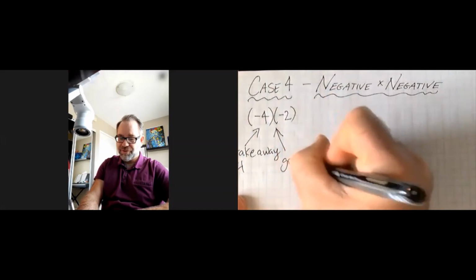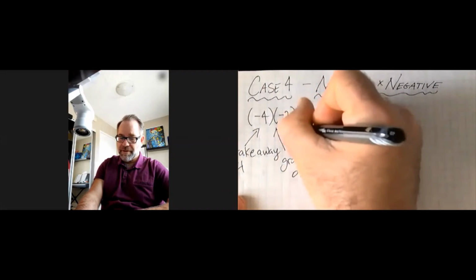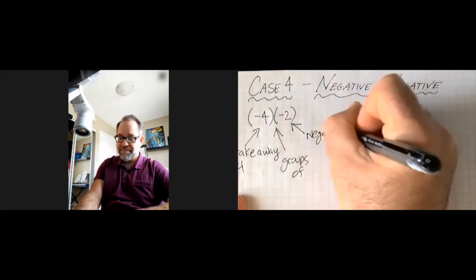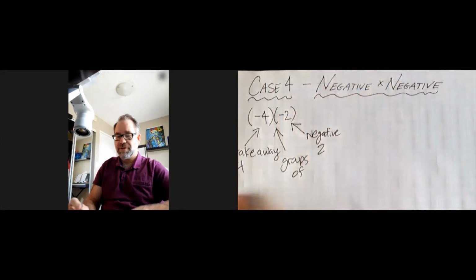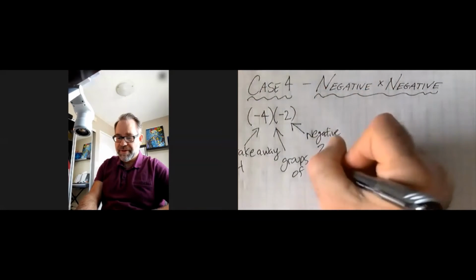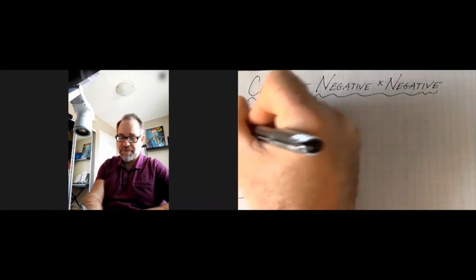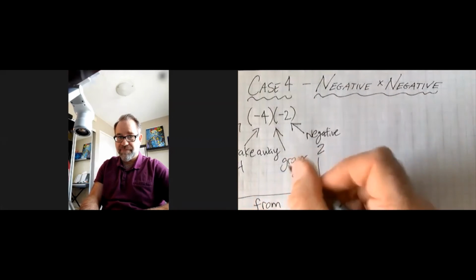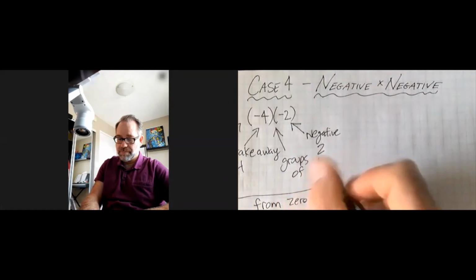Multiplication involves groups, and we need to show those -2 groups disappearing. But before I started writing, what was there? Nothing. So we're going to take away from 0.